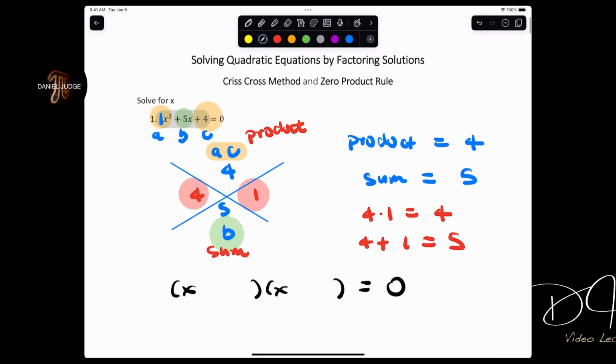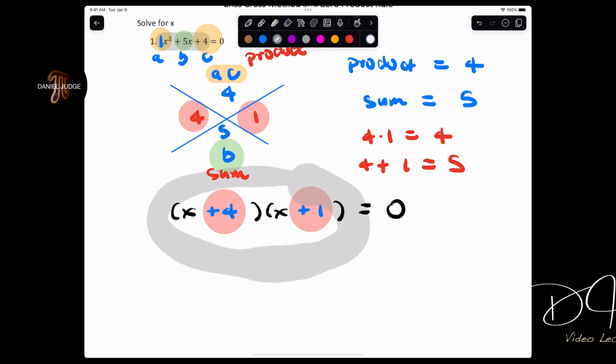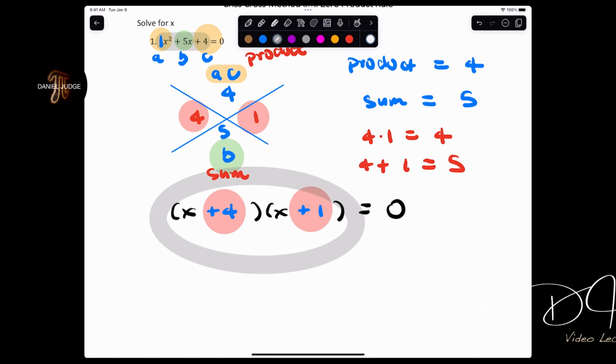And now the numbers found here, they're going to go here. So that's positive 4 and positive 1. So you have factored, ladies and gentlemen, by the crisscross method. Okay, so that is already factored.